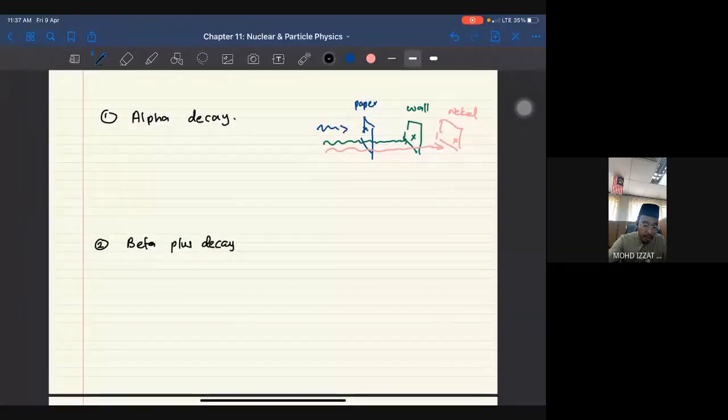So alpha decay, basically if you have a parent nucleus, atom, dia akan produce helium. Okay, so saya think that's lagging, I don't know why.